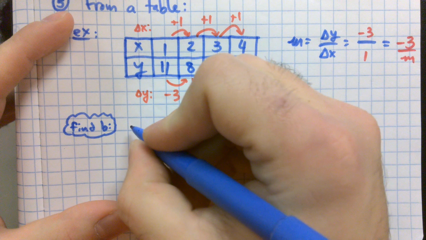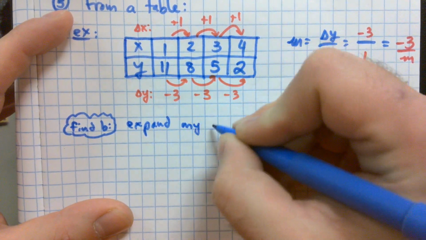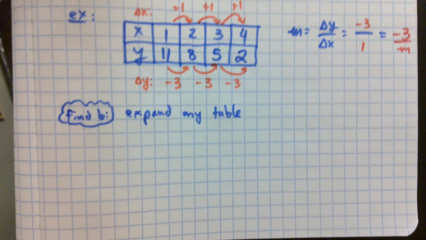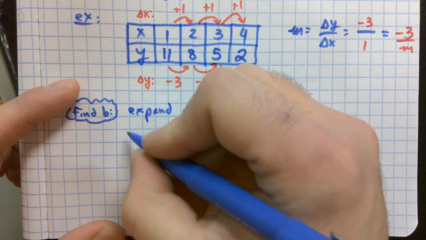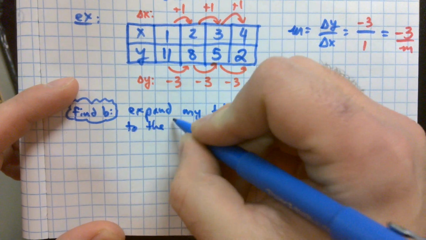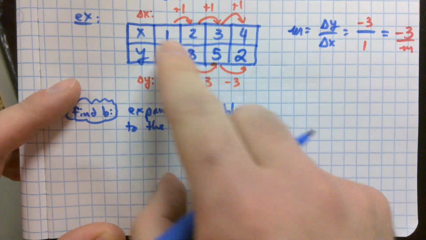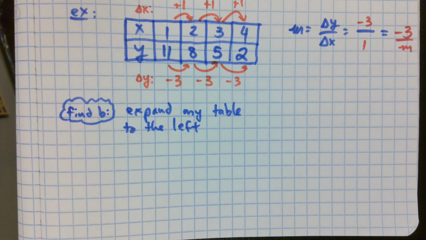If I want to find b, I got to expand my table to the left or to the right? Left. How do we know we're going to the left? Well, if I look at my x values, I'm looking for an x of 0. Would 0 be to the left of 1 or to the right of 4 on a number line? Left of 1.